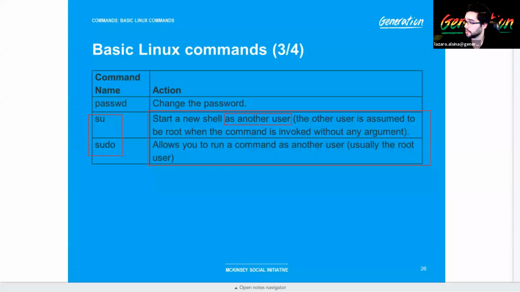What they're trying to tell you here is that if you were to put su and you don't put any username, by default, meaning, hey, you're not telling me what user it is, I'm going to assume it's root. That's just how the function works. So it assumes you go to root. Root is the administrator, the almighty power for that system. And very important to know for the exam, it starts a new shell as another user.